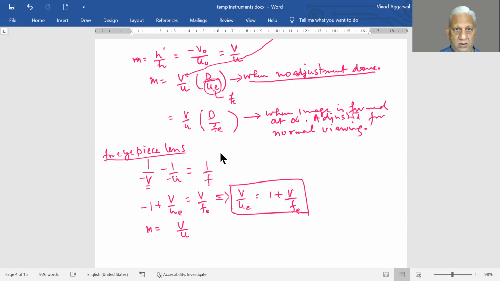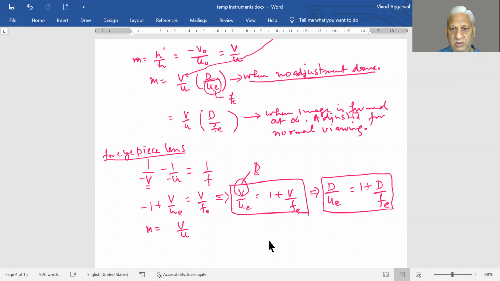Now here if we replace V by D, meaning our image is formed at the near point, then this is the case when we are adjusted for near point.